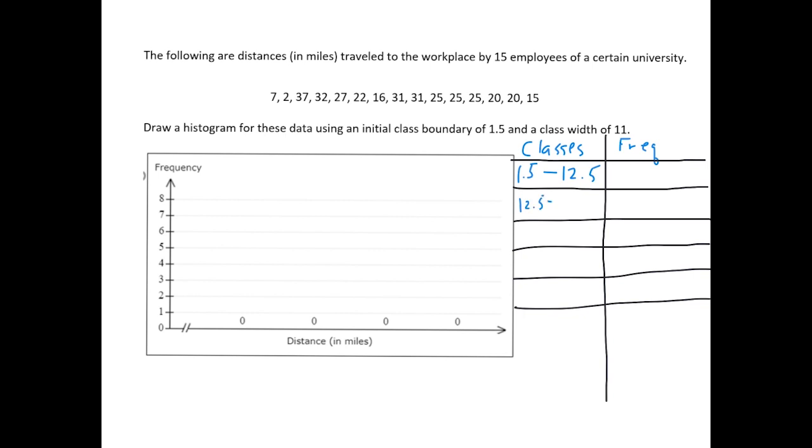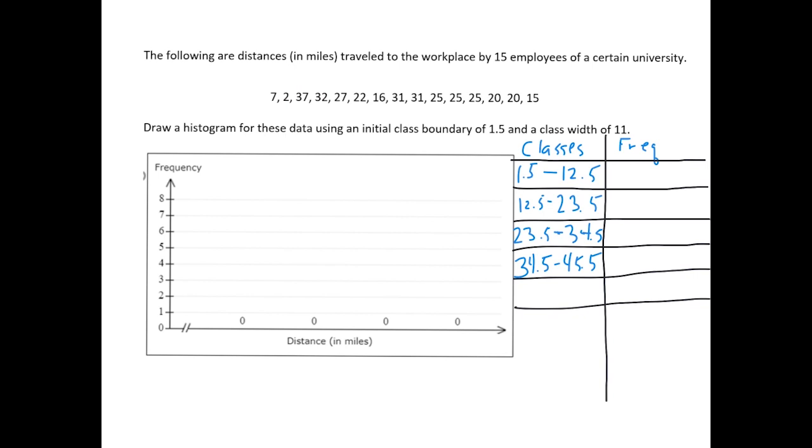Add 11 to that to get 23.5, and then 23.5, add 11 to that to get 34.5, and the next one will be 34.5, add 11 to that to get 45.5, and that's all that we need, because the highest data value we have is a 37, so we've been able to capture all of them.